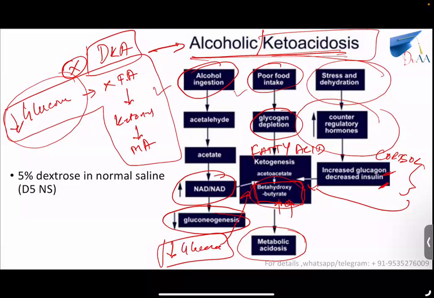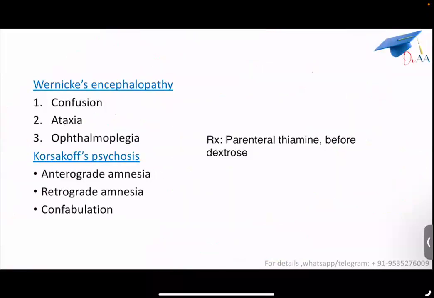For the treatment, that's why you are giving glucose. So the preferred fluid you need to give in patients who present with alcoholic ketoacidosis is DNS, that is 5% dextrose in normal saline. Here, you're not giving insulin or anything of a DKA treatment. You're just giving glucose for this patient. Give 5% dextrose in normal saline. This patient will be fine because the pathophysiology is reduced production of glucose. That is very important here.